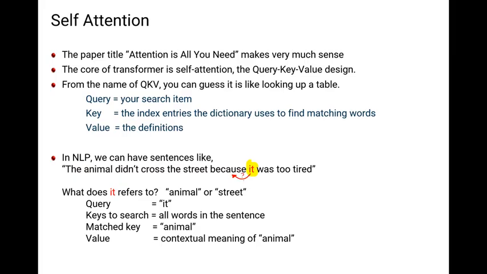Doesn't look like it. Is it referring to the street? Maybe. Is it referring to "there"? Or is it referring to "cross", etc.? Or is it referring to the animal? For a human, we can easily tell it is very likely the animal, because we know it's tired. The street will not be tired.